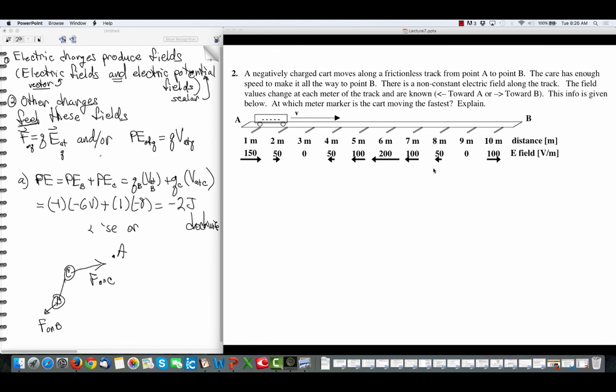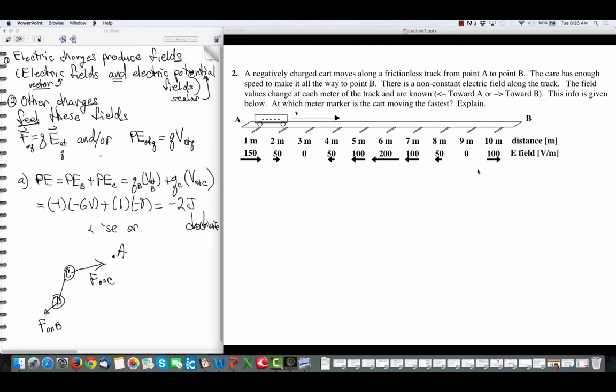It's speeding up all the way through here, and it's going its fastest at 9 meters, because at 10 meters, we know something is slowing it down already. So it's going its fastest at 9 meters. That's just in terms of forces you can talk about that.